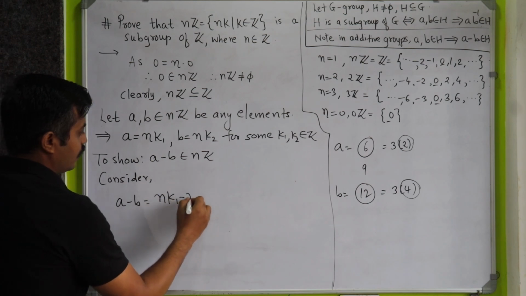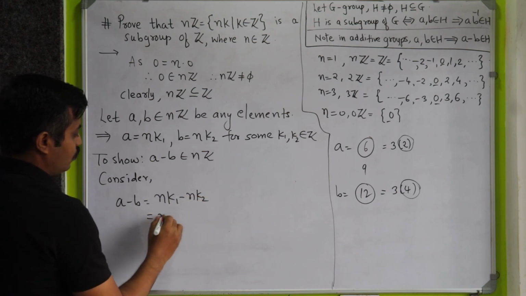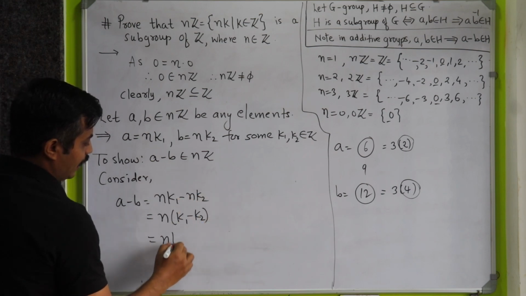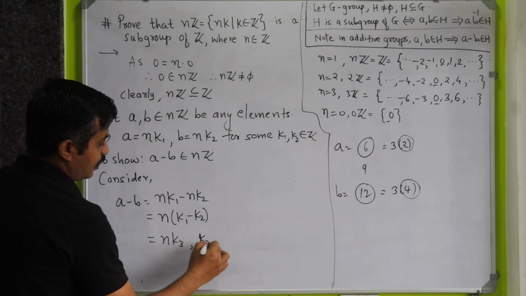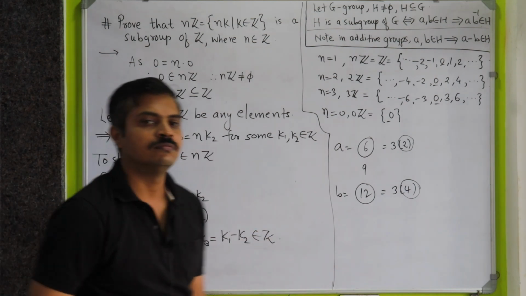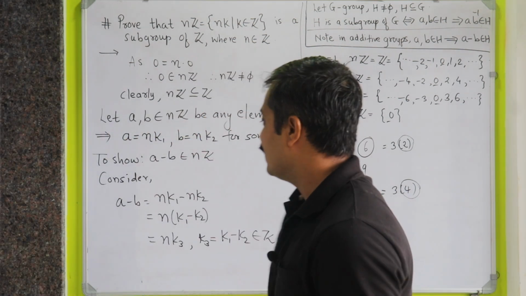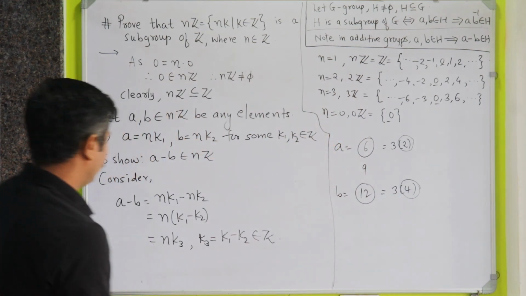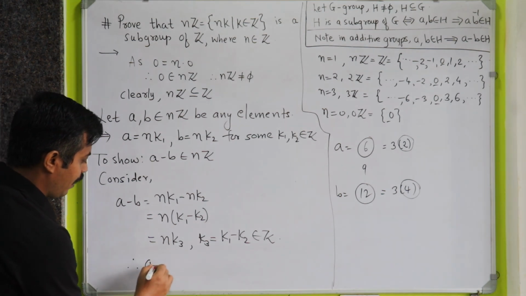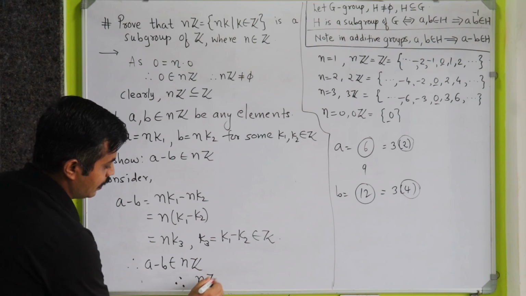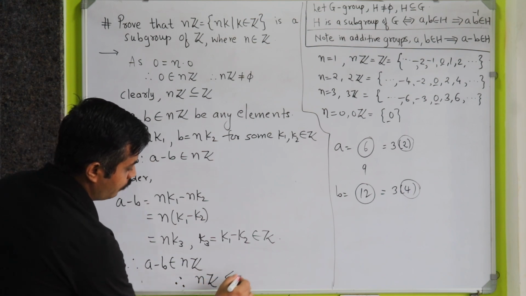So nk1 minus nk2, which is actually n times (k1 minus k2), and we can call that k1 minus k2 as some k3, where k3 is k1 minus k2, which is also an integer. So we have shown that this a minus b is also a multiple of n, and therefore this a minus b belongs to nZ, and therefore nZ is actually a subgroup of Z. Okay, that is what we wanted to show.